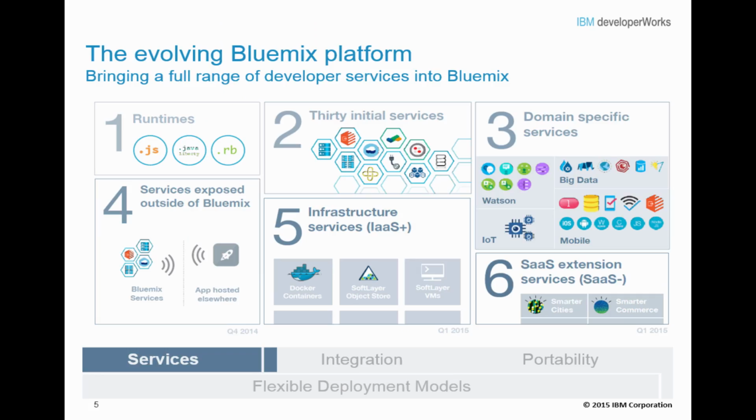We have brought a full set of developer services into Bluemix. You can bind your applications running on the cloud to any IBM or third-party or community-supported services. Let's say Watson, big data services, mobile services, and so on. You can also integrate the cloud apps with on-premise software systems using the secure gateway.